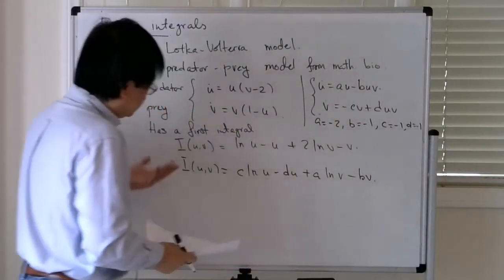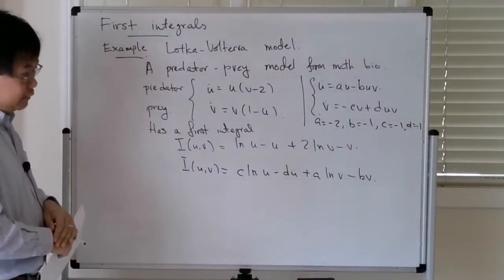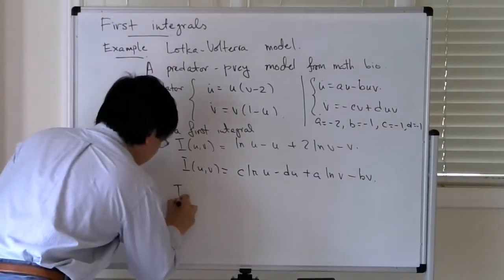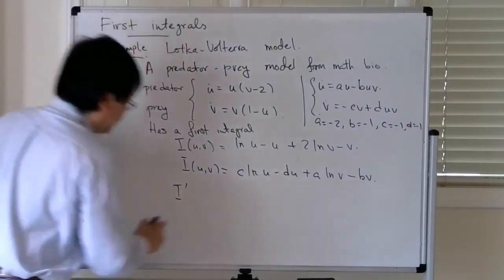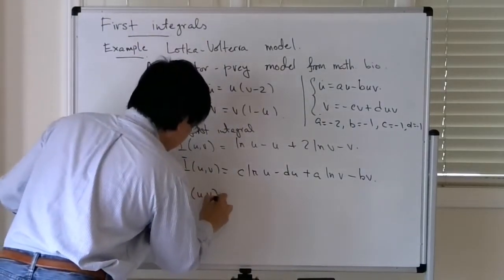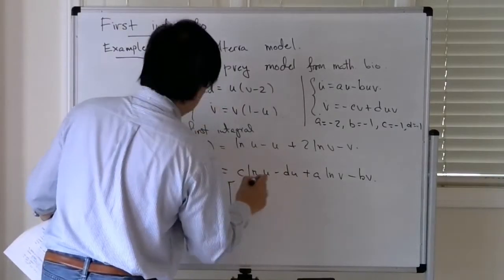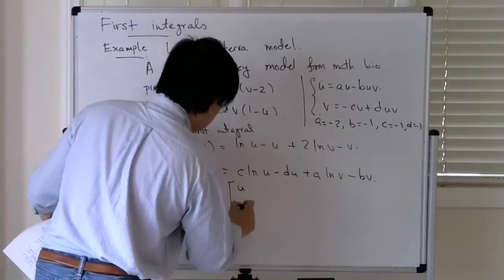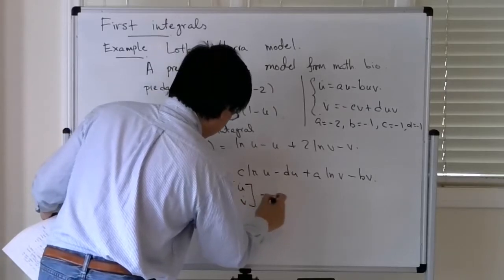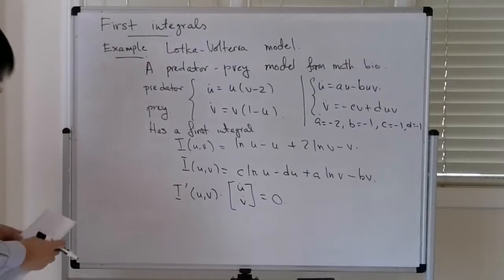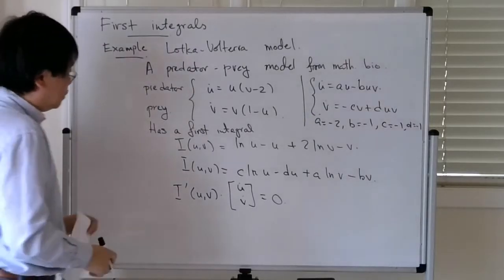Okay, so again, it's a relatively simple task to verify that when you differentiate I and you multiply it by the vector field, for u dot and v dot, this thing vanishes. Okay, all right, so that's one example.